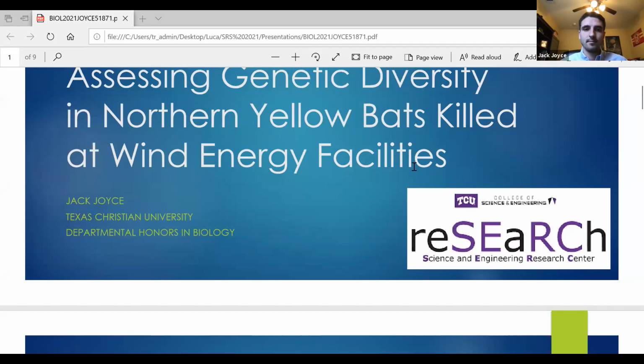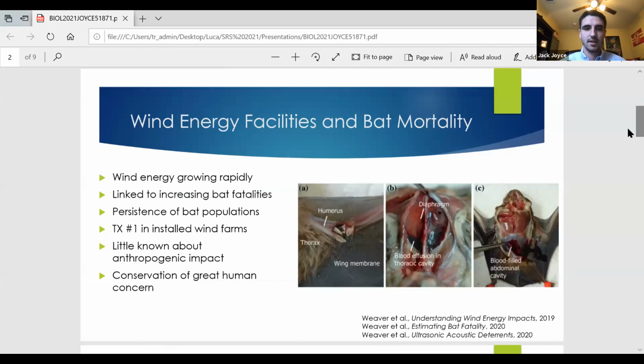Can you guys see this? I can see it now. Okay, scroll down to the next slide here. Should I maybe decrease the zoom? Yeah, if you want to zoom out, maybe. There we go, that's good.